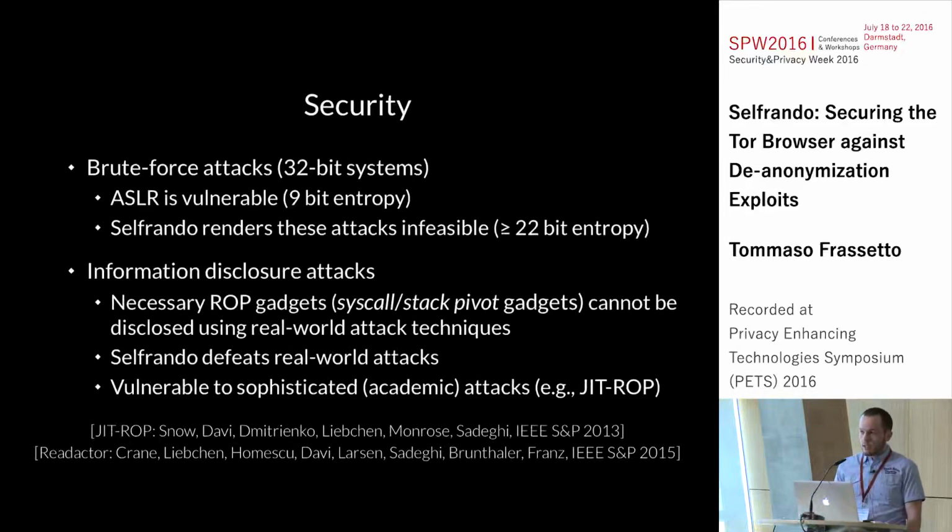We analyzed the common vulnerabilities, and we determined that it is not feasible for the attacker to disclose the address of these gadgets in memory. Thus, we conclude that Selfrando is able to defeat real-world attacks.